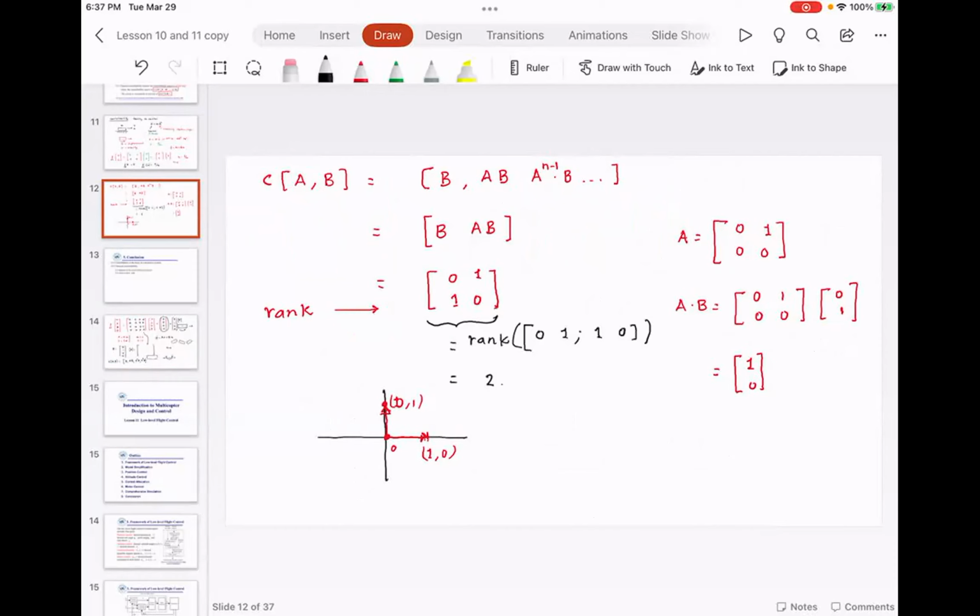In this particular case, that domain of application covers the entire XY plane, which is called the state space. That's why this system is controllable. In the other case, the system is not controllable because that external force cannot influence some of the states in the system. Everyone understood this?